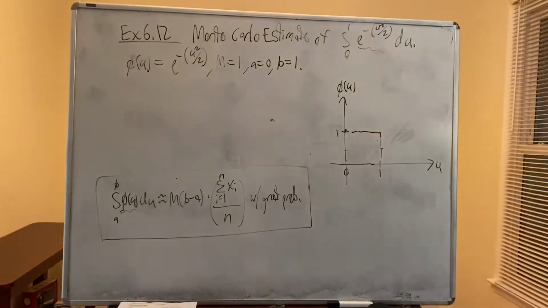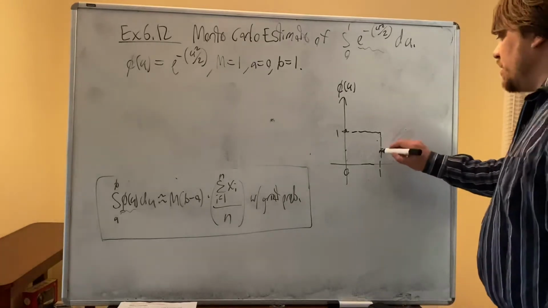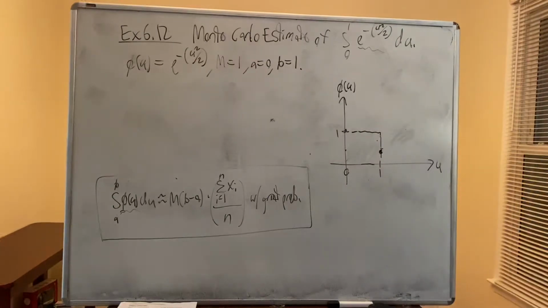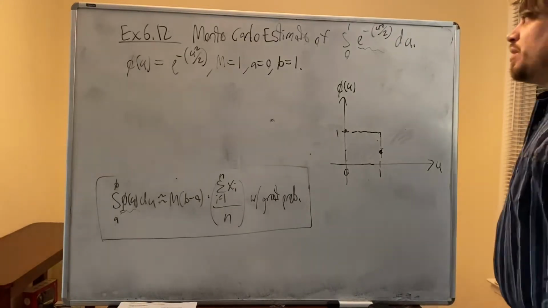When u is 1, you get e to the negative 1/2. You get 1 over the square root of e. So it's some value smaller than 1. And so if u is 1/2, you have 1/4. 1/8, 1 over the 8th root of e.